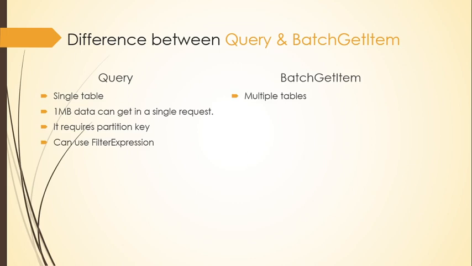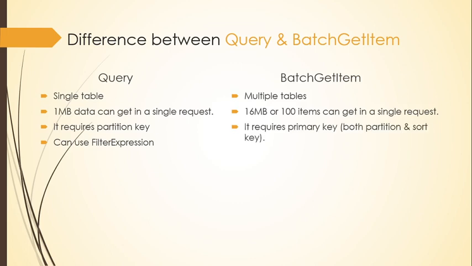But for BatchGetItem, you can retrieve data from multiple tables at a time, and you can get 16 MB or 100 items from one single request, and it requires the primary key, meaning both partition and sort key.